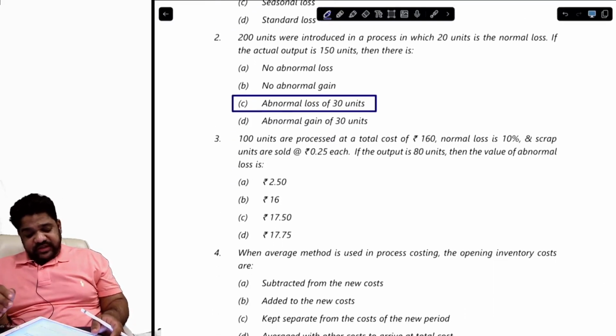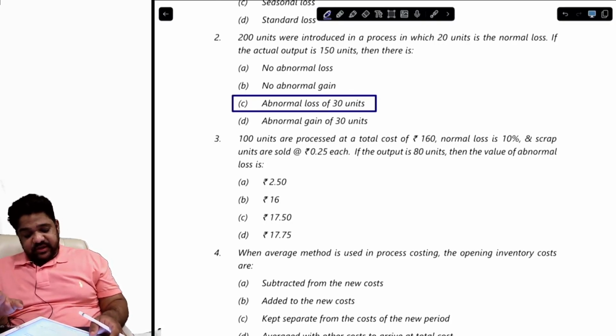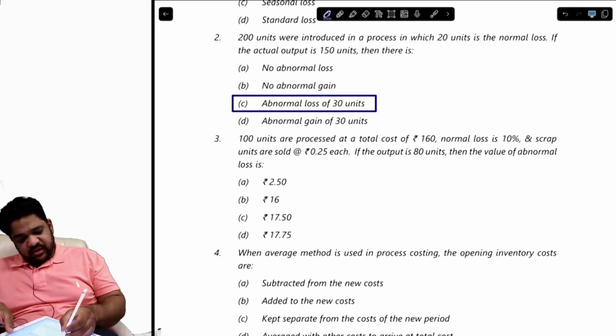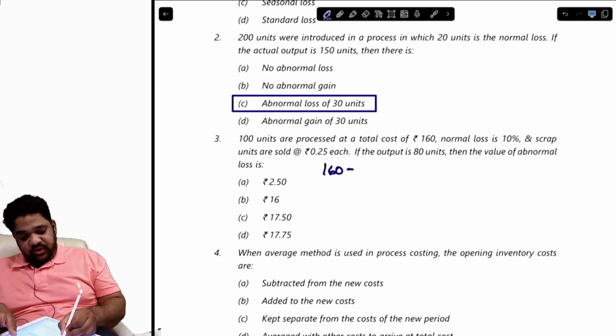100 units are processed at a total cost of 160. Normal loss is 10%. Scrap units are sold at 0.25 each. If the output is 80 units, then the value of abnormal loss. Simple. We'll first find the expected cost per unit. So expected cost per unit is 160 minus scrap value of normal loss, which is 10 into 0.25, and 100 units minus scrap units, which are 10.